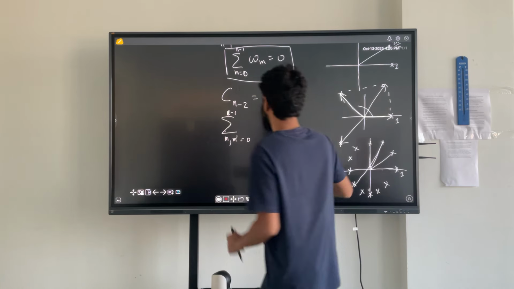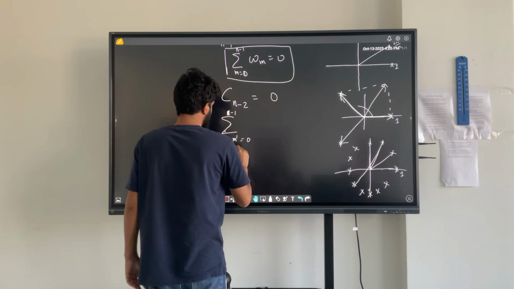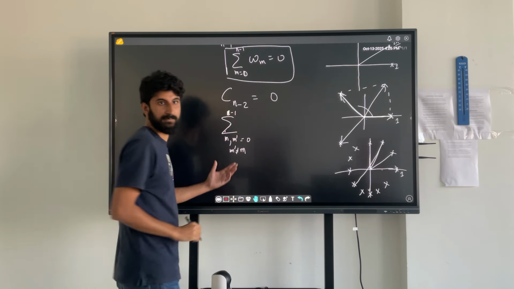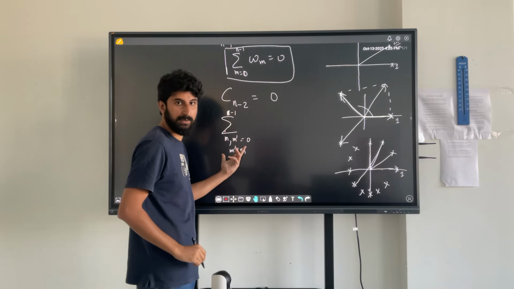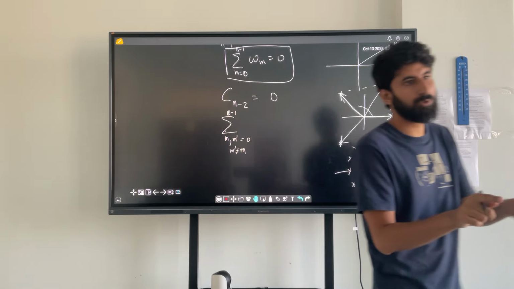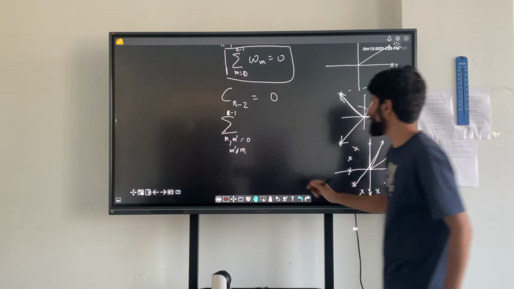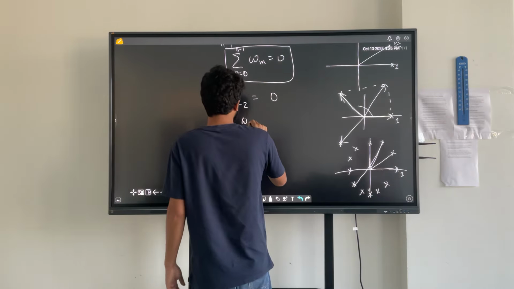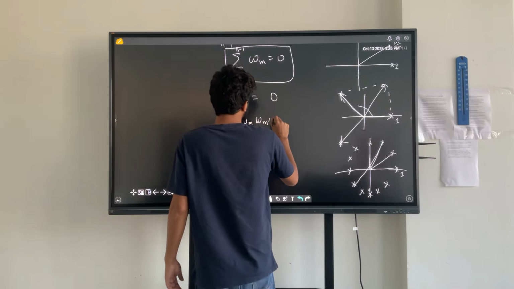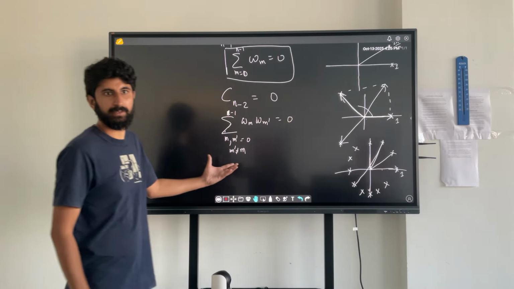Omega m prime should not be equal to omega m. You take the sum over m and m prime, but you don't take them to be the same, and you multiply omega m with omega m prime, and you get 0.